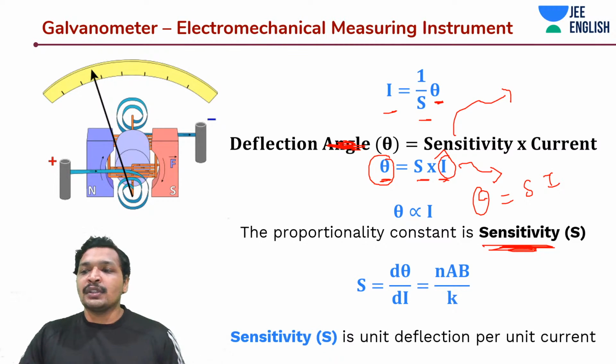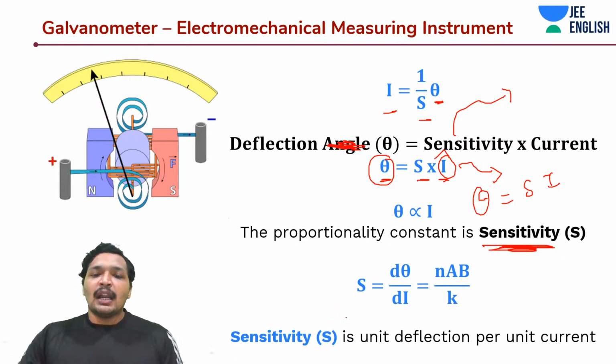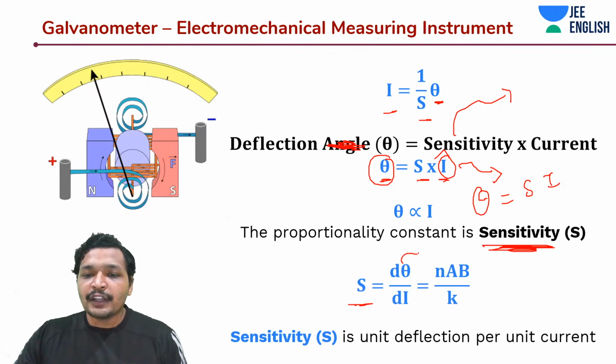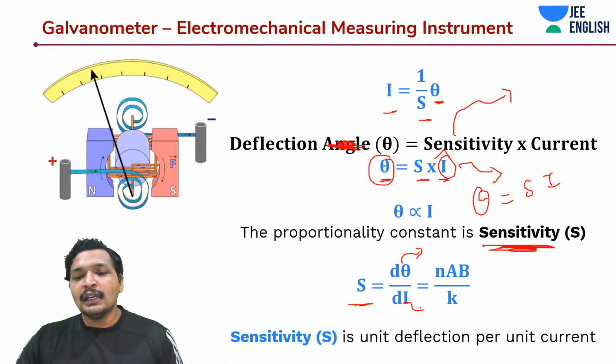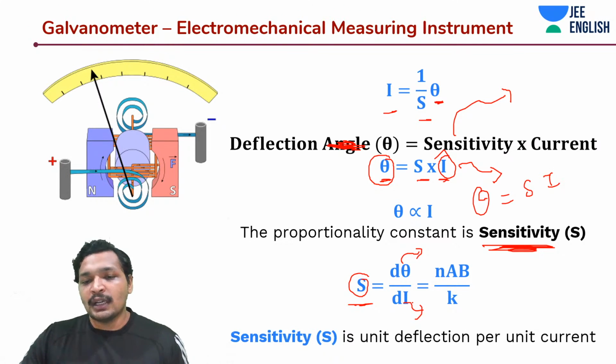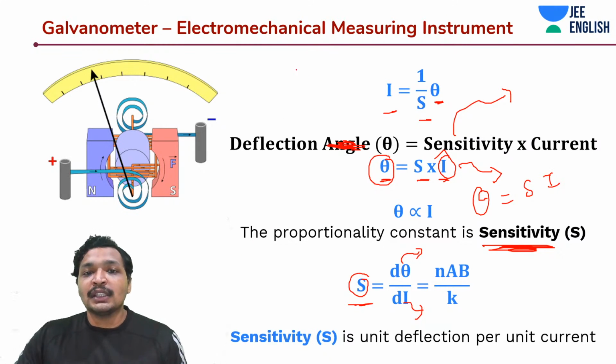This is very important, students. This is very crucial. Now I can write S as the small deflection per small current. They may give you an equation in terms of theta and I, and you might have to differentiate.